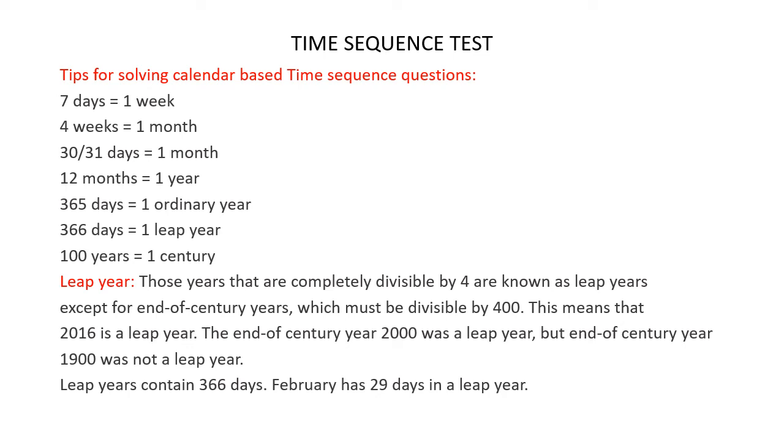The end of the century year 2000 was a leap year because it is divisible by 400. But end of century year 1900 is not a leap year because it is not divisible by 400. Now leap year contains 366 days. In a leap year, February month has 29 days.